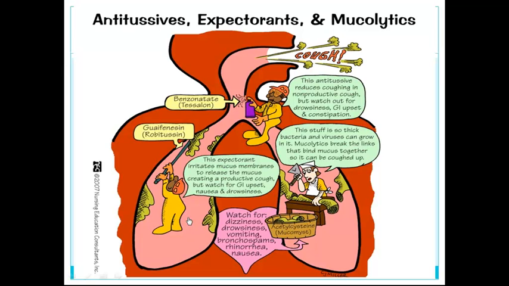And then we have our mucolytics, which break the links that bind the mucus together so it can be coughed up. This is used to decrease the incidence of bacterial or viral infections that can grow in the mucus buildup, commonly used in cystic fibrosis patients.